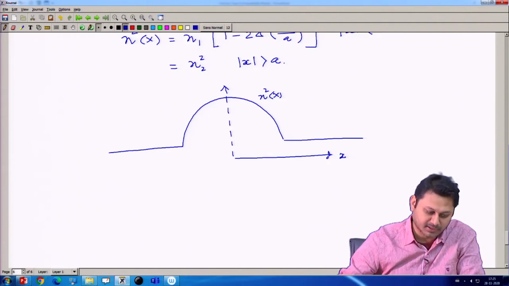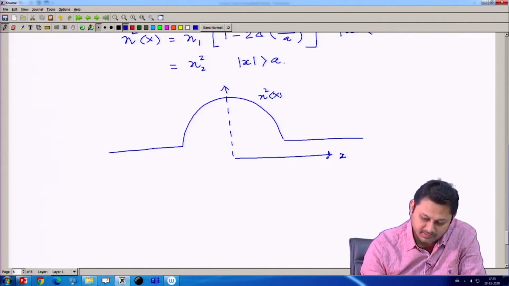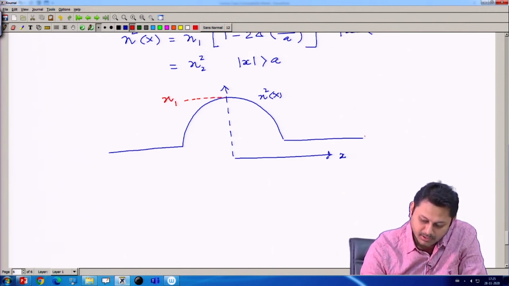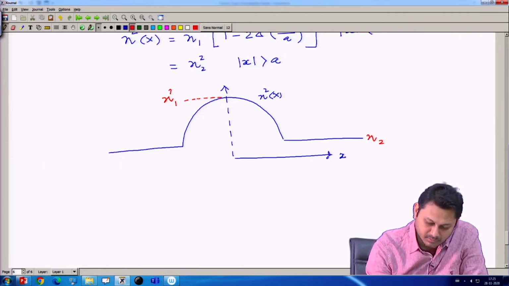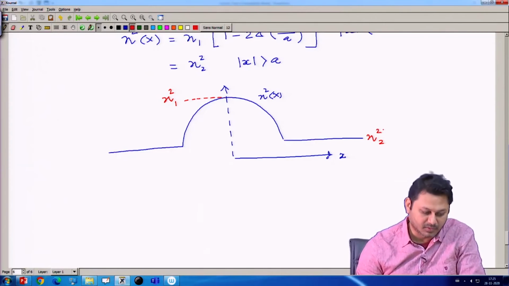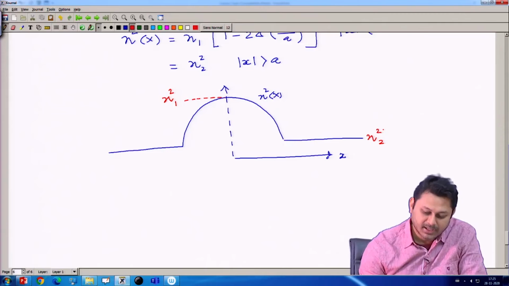I am plotting the refractive index. This is x, and this peak value is n1 and this value is n2. Since I am plotting the square of that, so this is the square. The peak value is n1 squared.